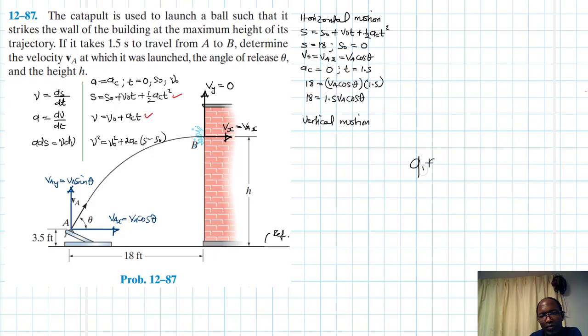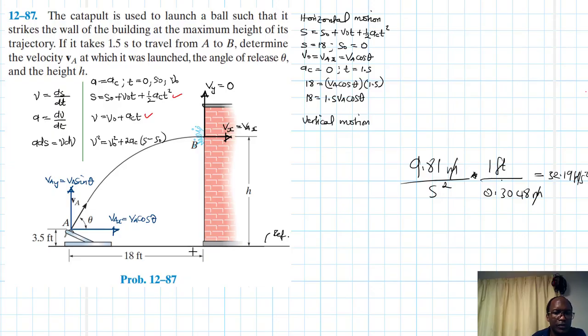Convert, so we have 9.81 meters per second squared times 1 foot is approximately equal to 0.3048 meters. We cancel there. When we divide 9.81 by 0.3048, this gives us 32.19 feet per second squared.